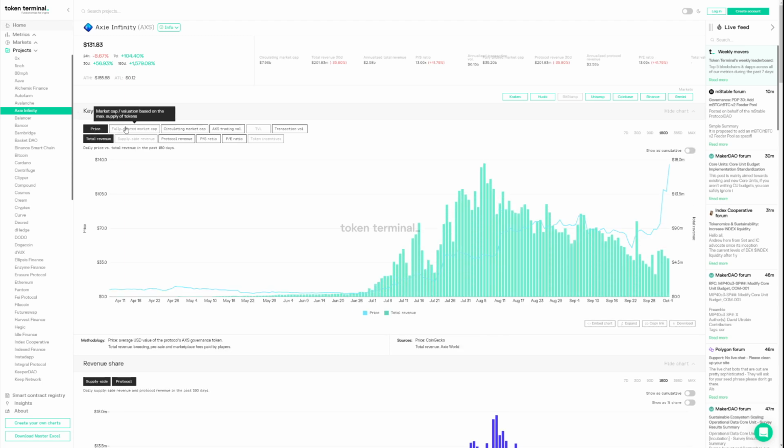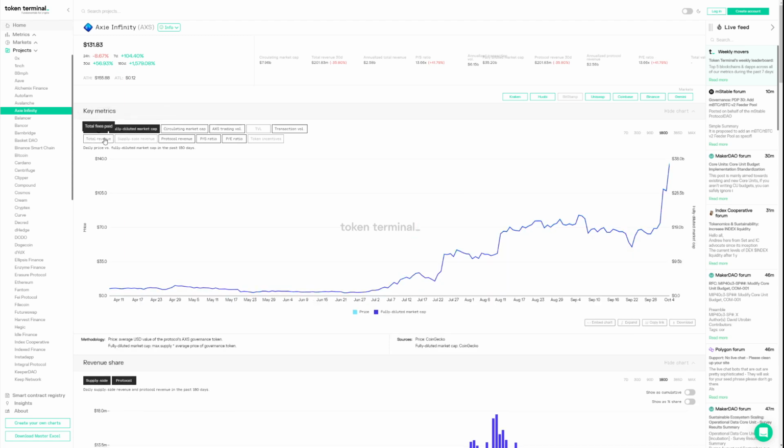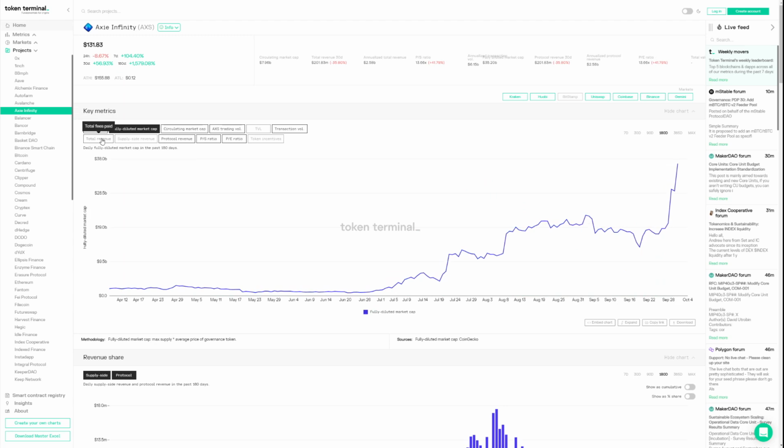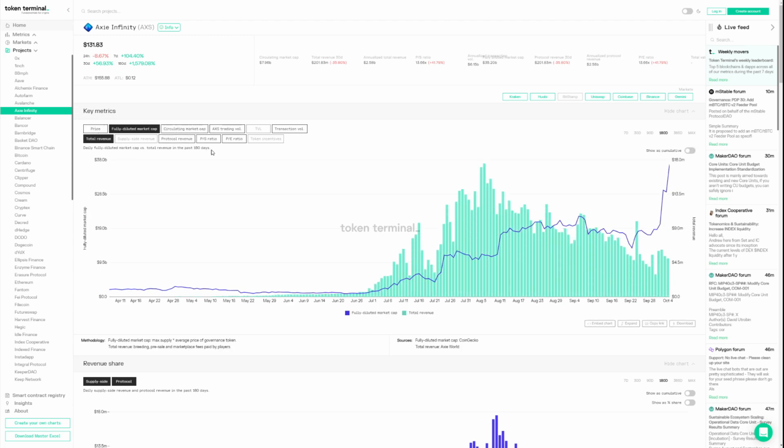In this case we are doing it with the fully diluted market cap and the total revenue, in which you can see that price has been accelerating quite heavily in the previous period due to the fact that we had an overall increase in revenue as play to earn has started to wake up heavily, and also the overall use case of the platform was increasing nicely.